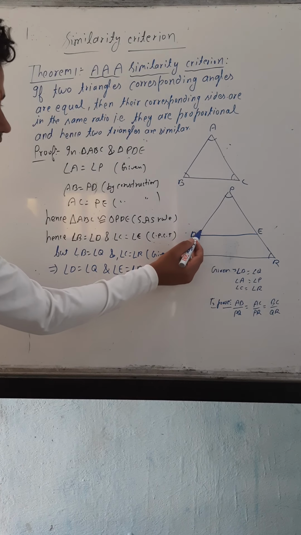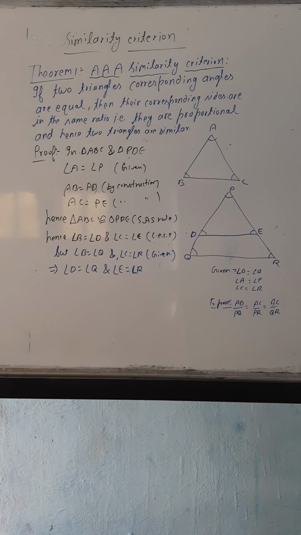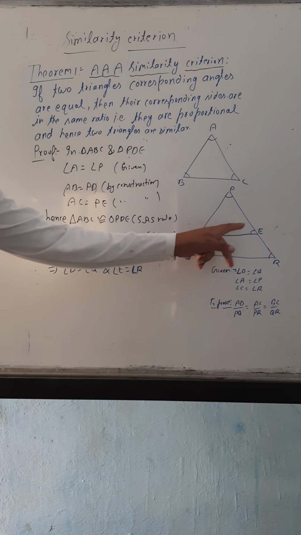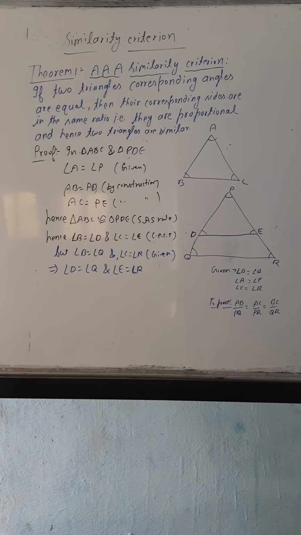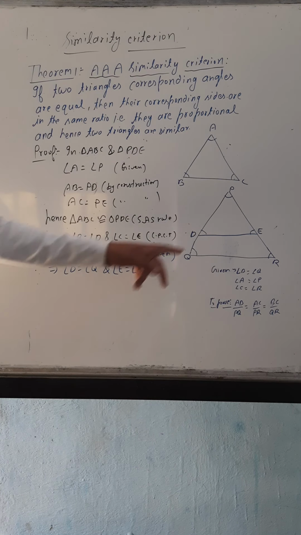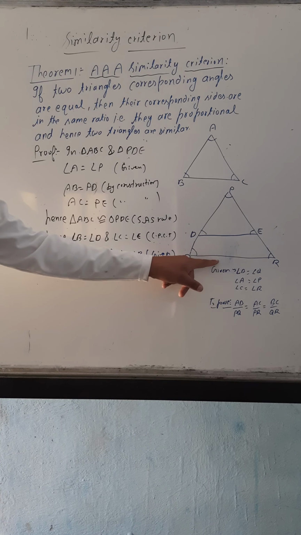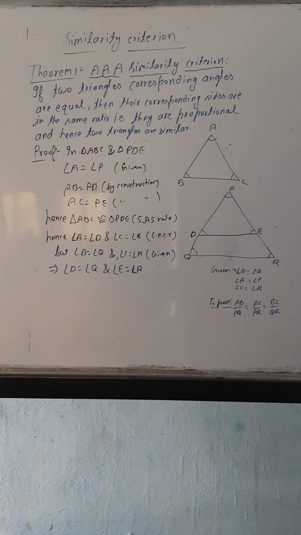It means these angles are also equal to each other. Remember, these angles are known as the corresponding angles. Now one thing more, let me tell you. If the corresponding angles are the same, then the two lines are parallel. This is the corresponding angle axiom. By the corresponding angle axiom, this line will be parallel to this line if and only if their corresponding angles are equal to each other.